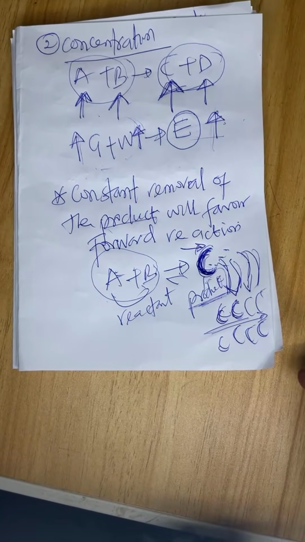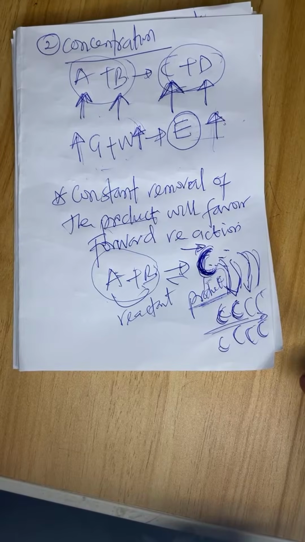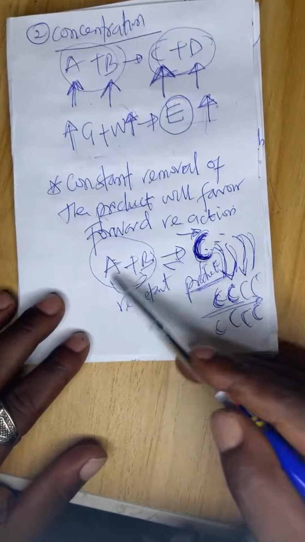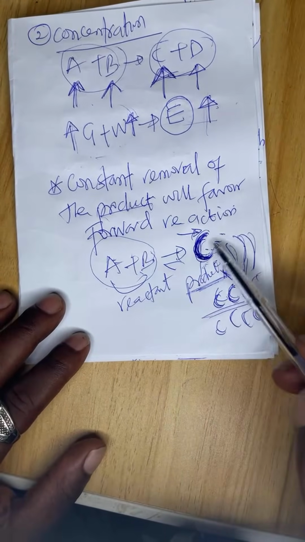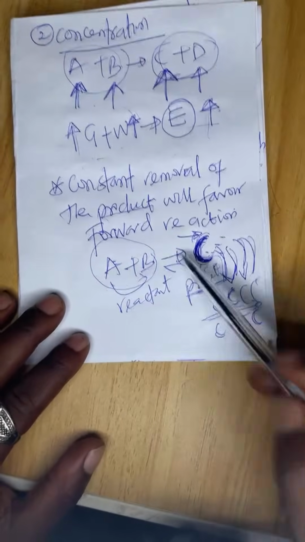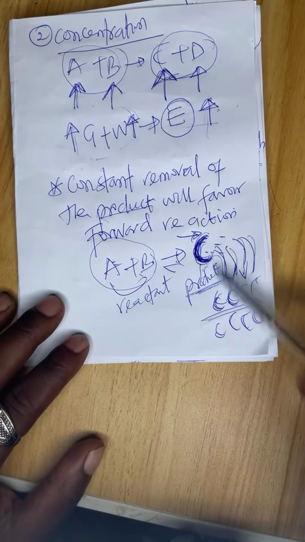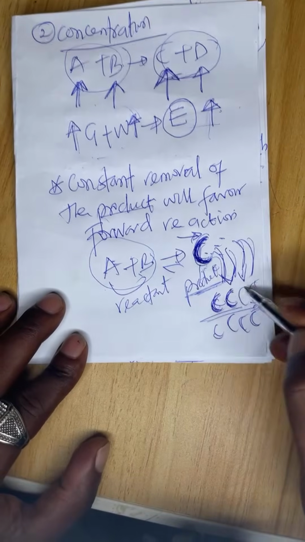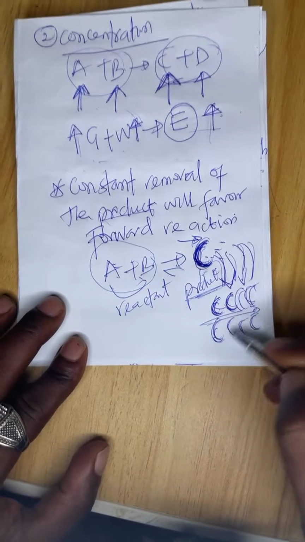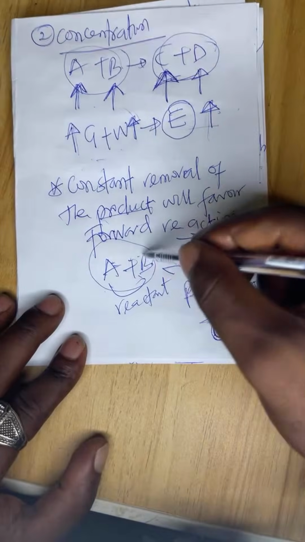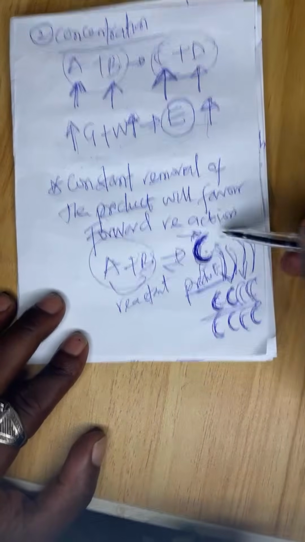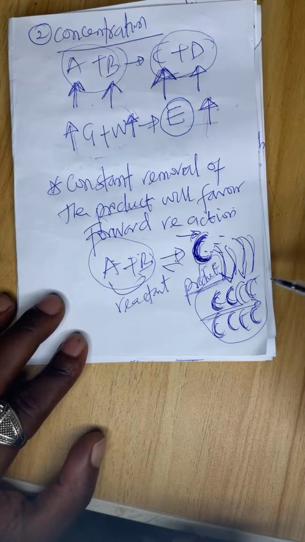The takeaway packs may finish, but the person will have plenty. The same thing is happening here. A and B form C, but if you constantly remove C, eventually A and B will finish, but you have more of C. So it favors the forward reaction because you are forming more of C, which is the product.